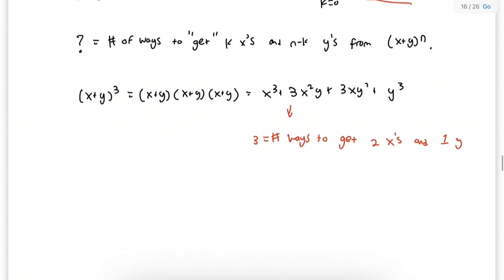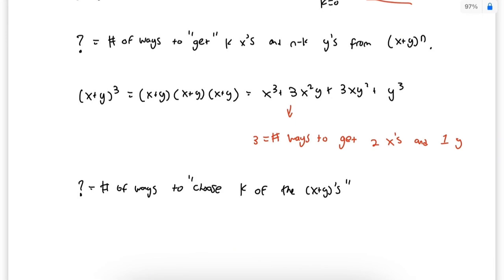Well, what's this process here? We're essentially just choosing, I could say, this question mark, it's the number of ways to choose, we could say, k of the x plus y's. I'm being a bit vague here, of course. I could put quotation marks around all of this.